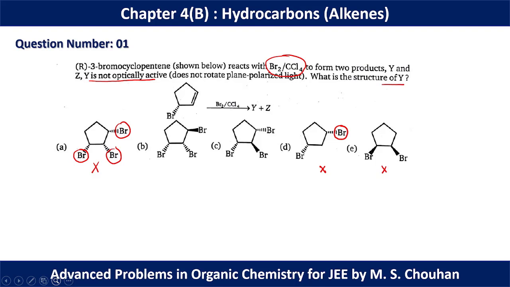Hence, we can exclude point of symmetry first. So, we have to check plane of symmetry. In the C structure, we have one plane of symmetry like this, which can divide the molecule into two parts, and these two parts are mirror images of each other. So between B and C, C is optically inactive and B is optically active, hence our answer is C.